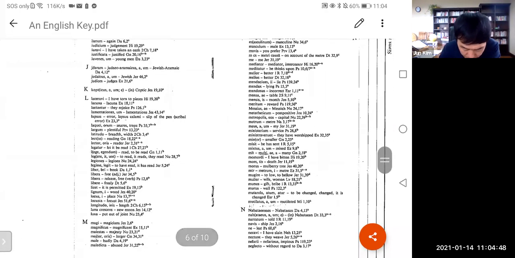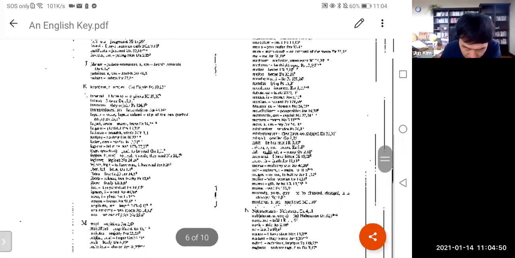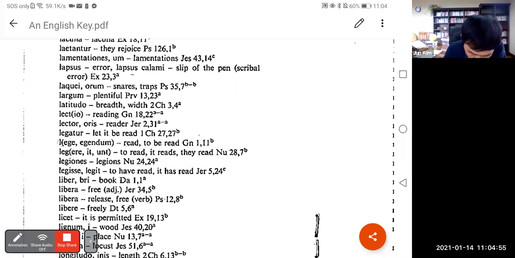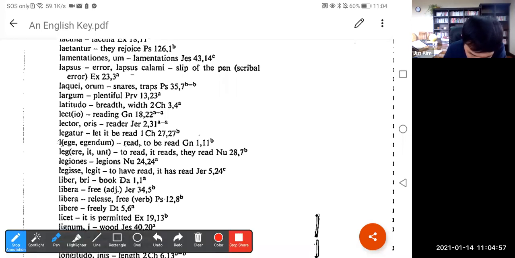Here. L. This is an abbreviation of LEGE or LEGENDUM, which means read or to be read.